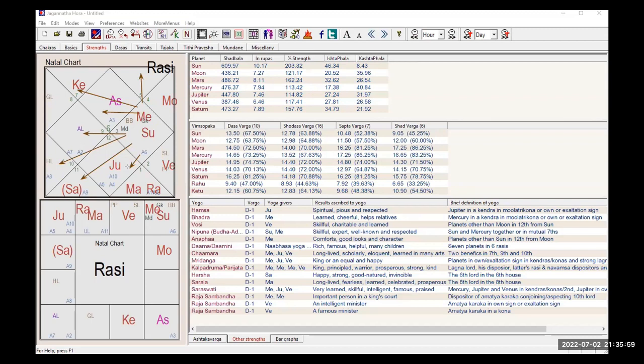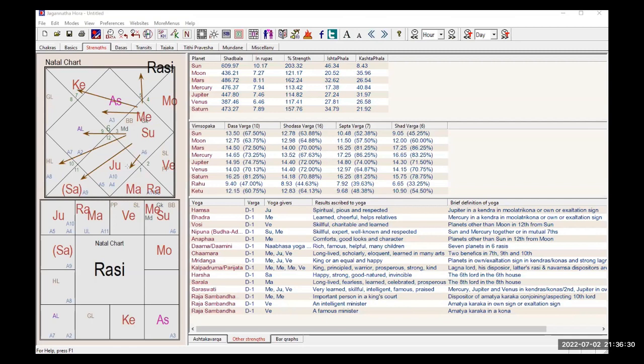Sir, why does the Sun have the most influence in the 4th house? Because the Sun's seventh aspect is falling on the 4th house. Right, okay. That's what that table is giving you. That table says wherever the Sun is placed, from there the third house has 25% influence, so 25% influence is there in the 12th house.